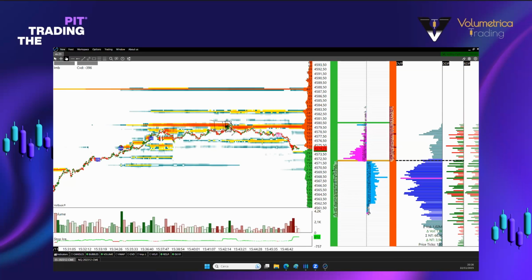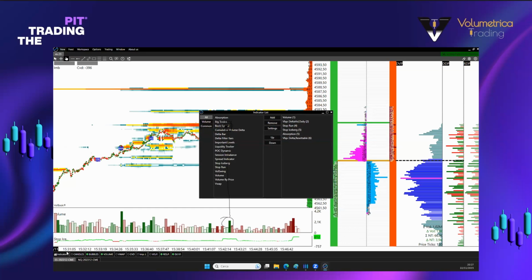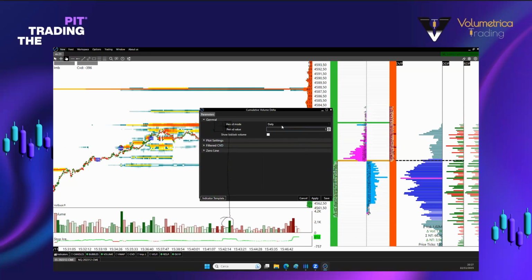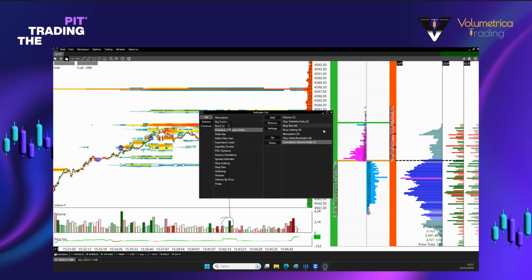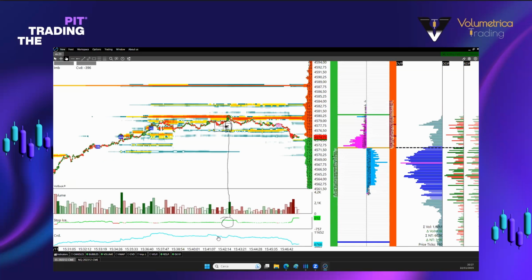And normally that corresponds to a peak either in volume, if you are using a volume indicator like this one I have, or if you prefer, we can also use a cumulative volume delta, a plain CVD, which would show us a peak anyway.